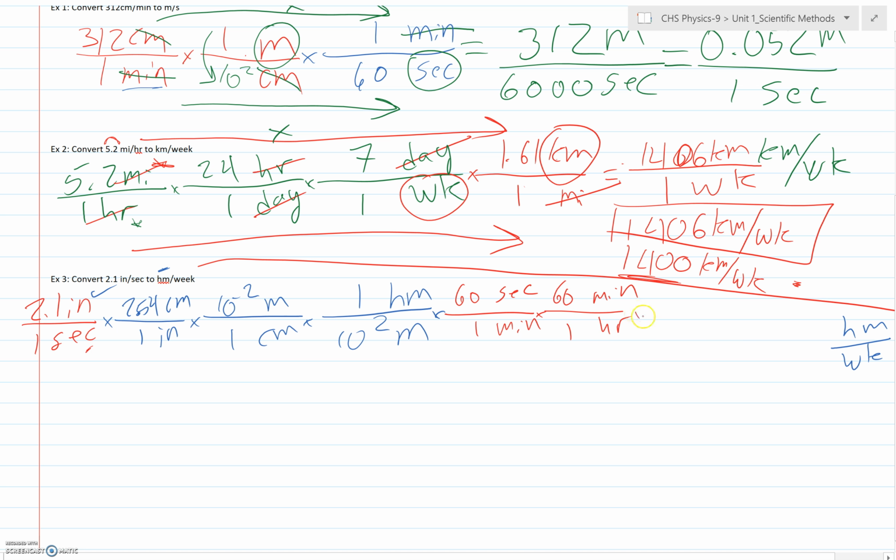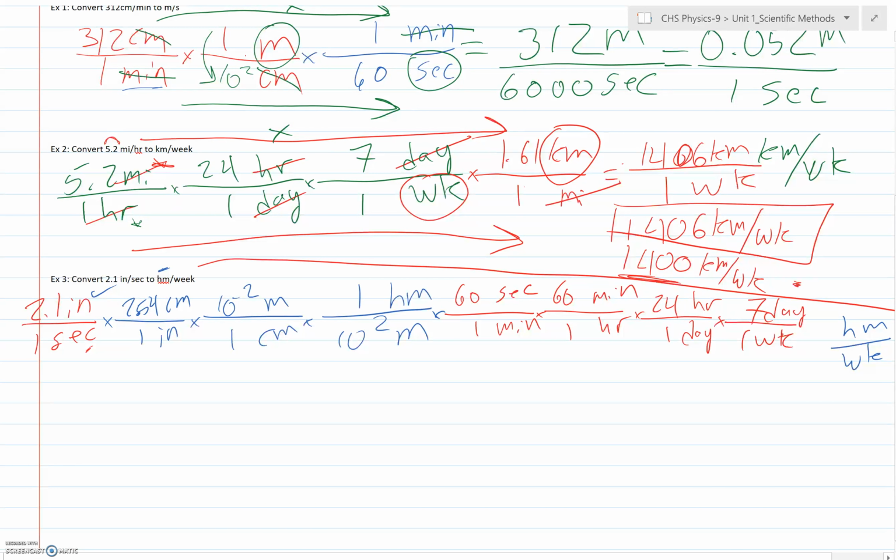Hours is still not right, so got to get rid of hours. I know how many hours there are in a day. 1 day is 24 hours. And then days still isn't weeks, but I do know that if I get rid of days, 1 week is 7 days. So that one has 4 steps just to get rid of that bottom unit.